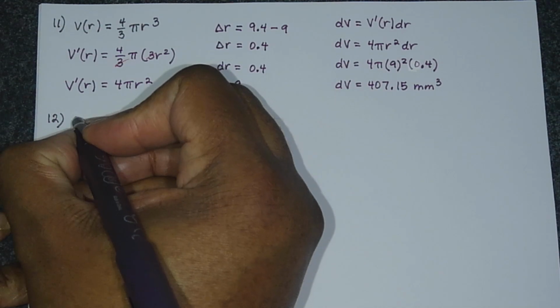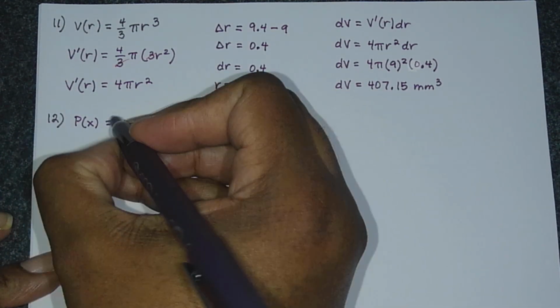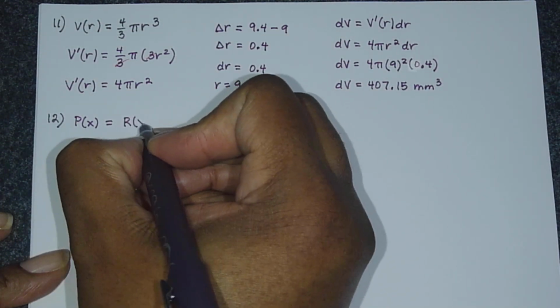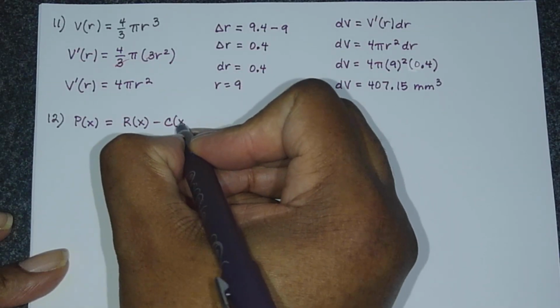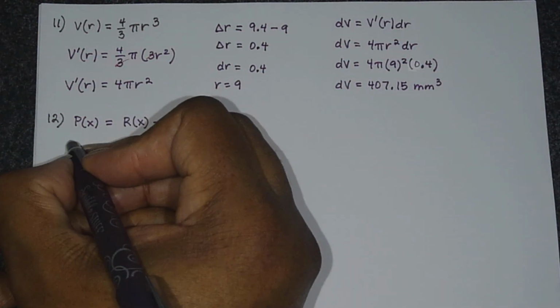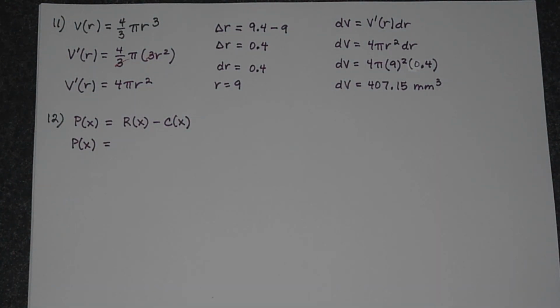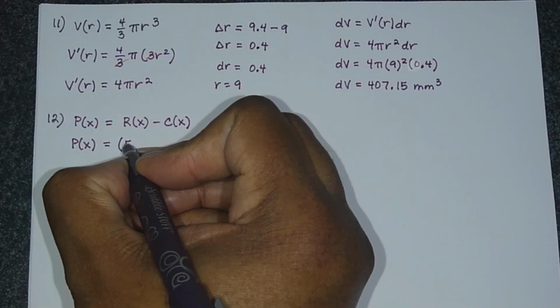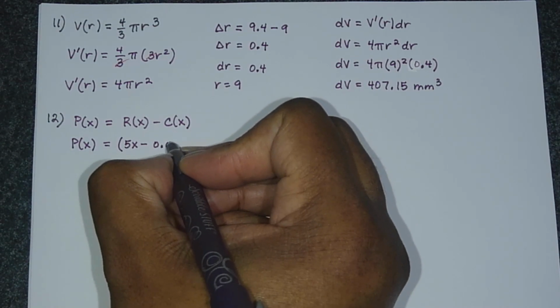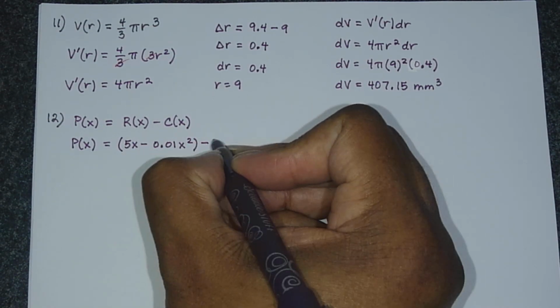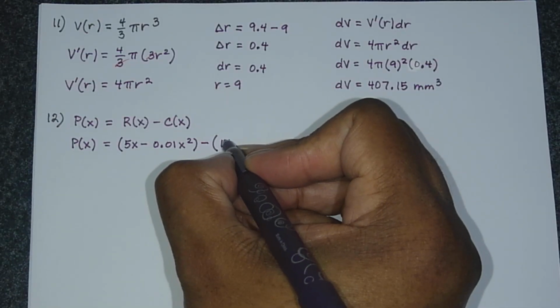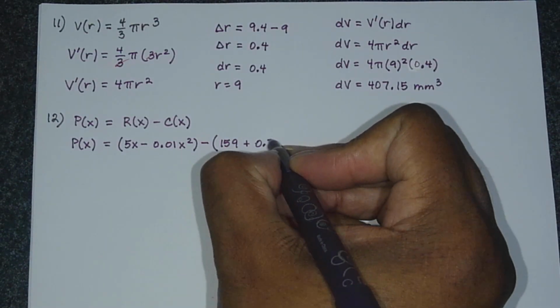Let's start with this. The profit is always going to be revenue minus the cost. Let's start with that. Let's find out what that profit function is and then find out what the marginal profit function is by taking the derivative. Well, the revenue they give you as 5x minus 0.01x squared minus the cost. And the cost was 159 plus 0.7x.